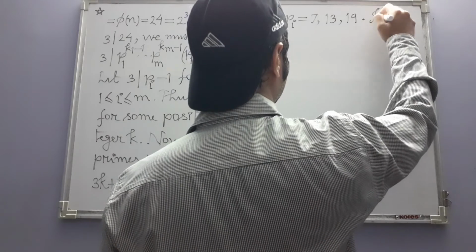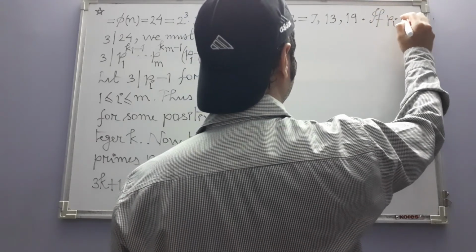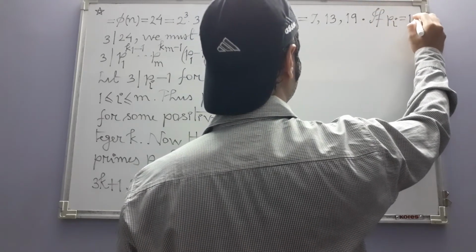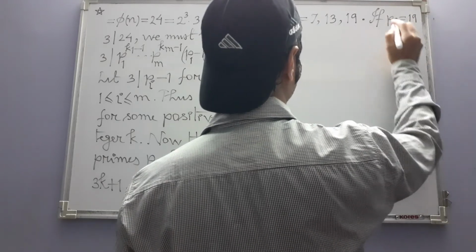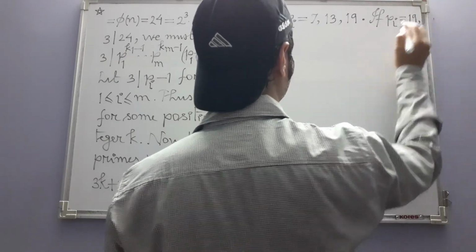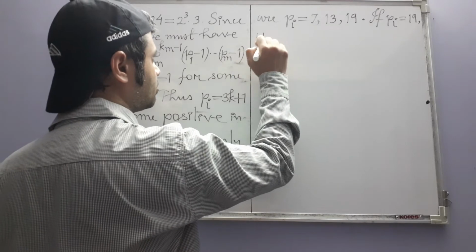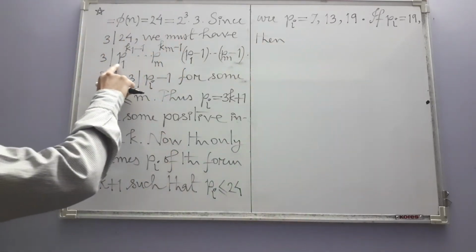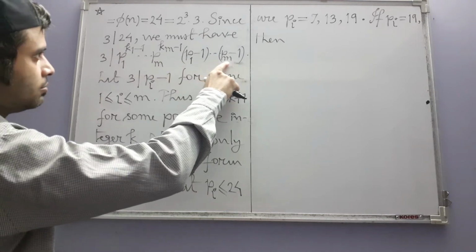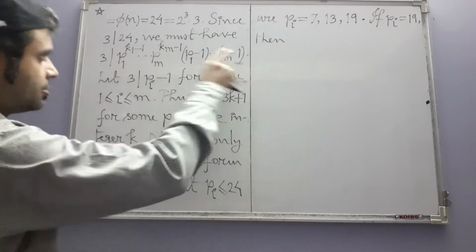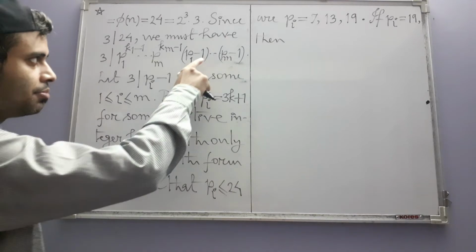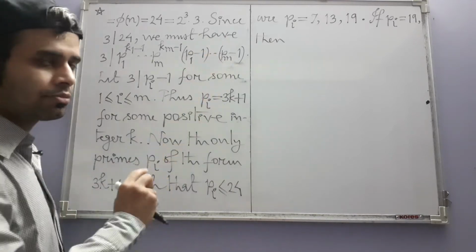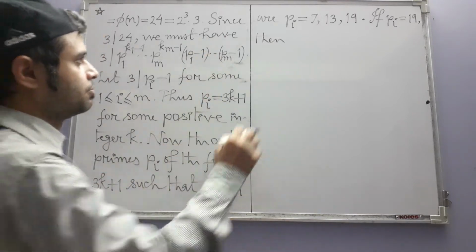Now if pi is equal to 19, then 18 divides this number, because pi minus 1 appears here somewhere among these factors.